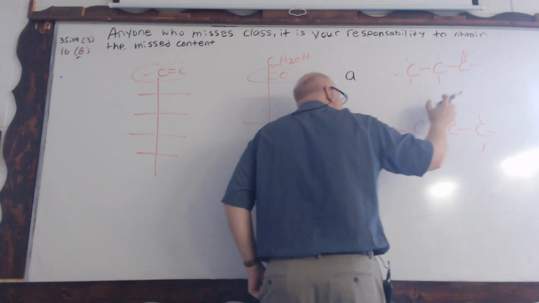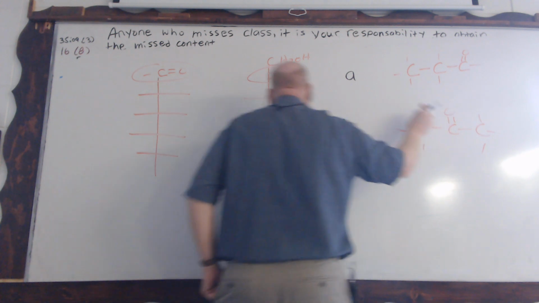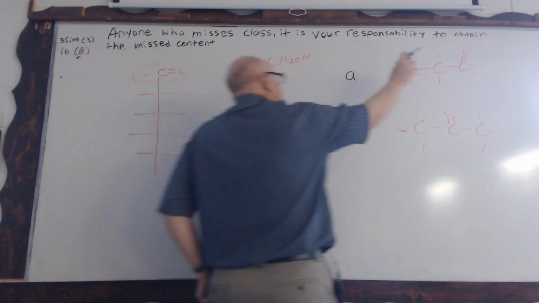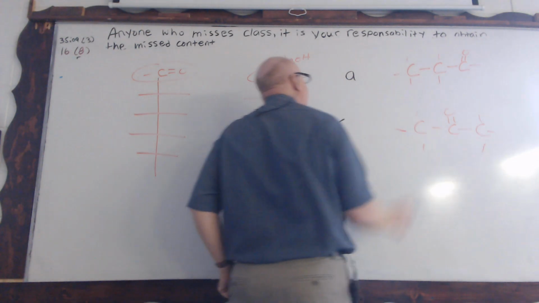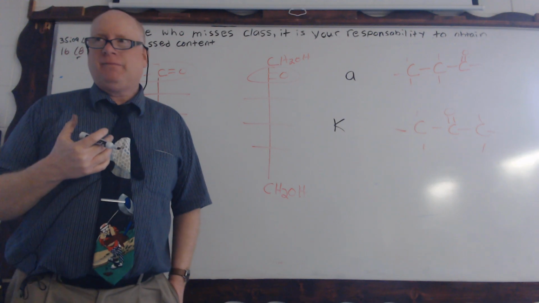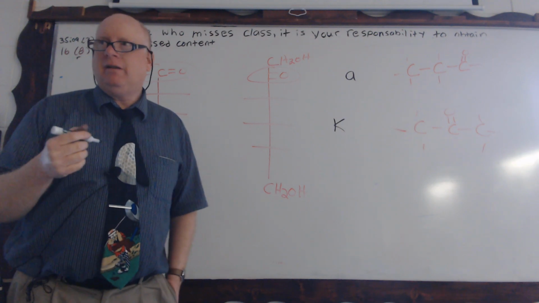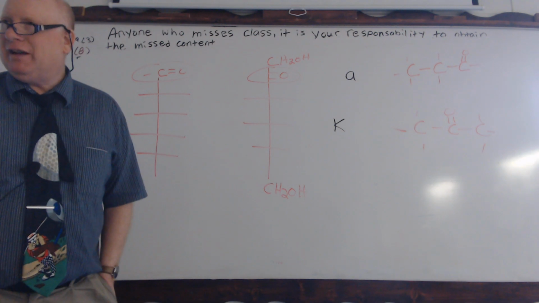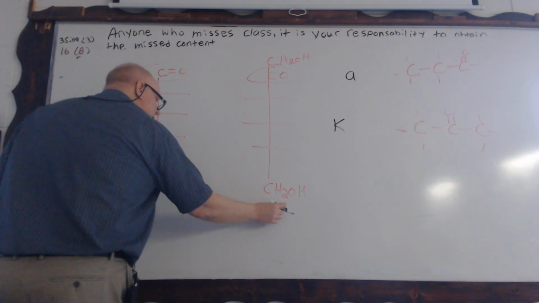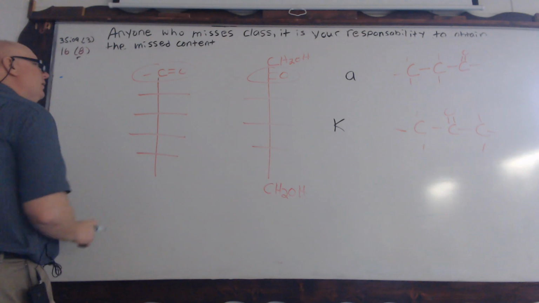If this is a ketose sugar, then this must be what type of sugar? It starts with an A. What is closely resembling a ketone? I think you said it. Aldehyde. Ketose sugar, aldose sugar.